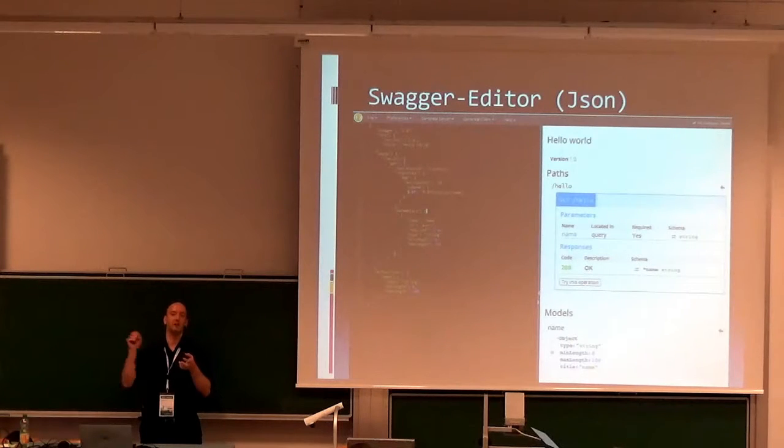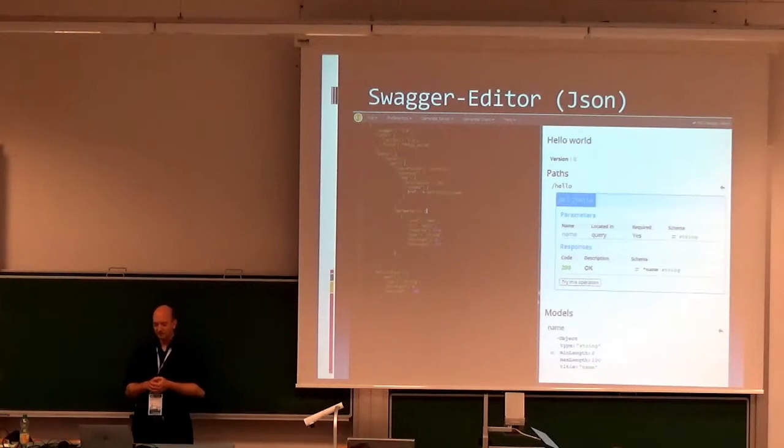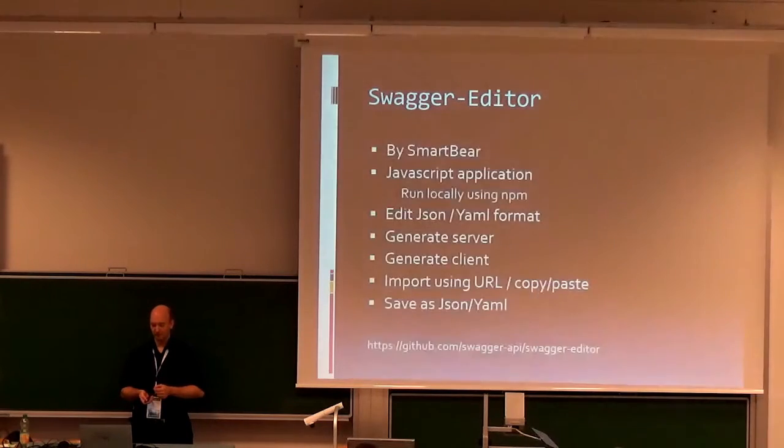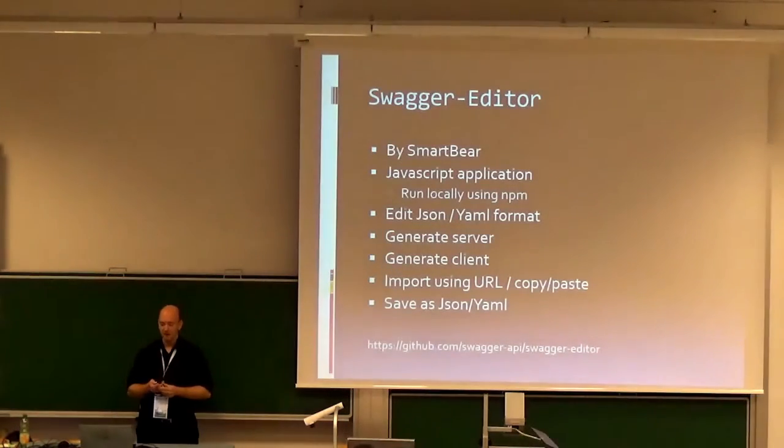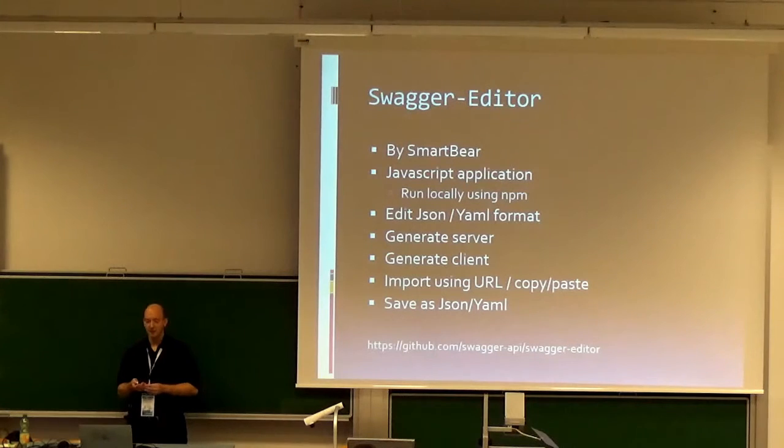You can conveniently add parameters or methods. Swagger Editor is more for developers for the first setup of the contract. It is provided by SmartBear, and it's a JavaScript application, and you can edit the contract and also generate the server and client stubs directly from the UI.